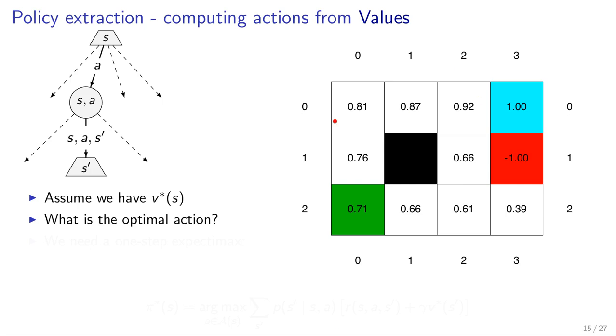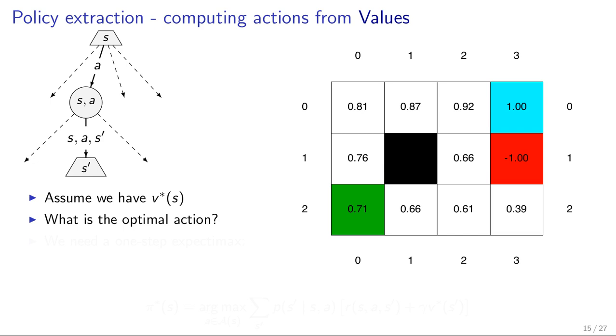So this is what we already talked about. If I just see the optimal values, I don't see immediately the policy. I need to do policy extraction. So how do I do that? I basically do this one ply of expectimax. Say I'm here, and I will consider all the actions that I have, and then do the weighted sum of the values that I will get in the neighboring states.